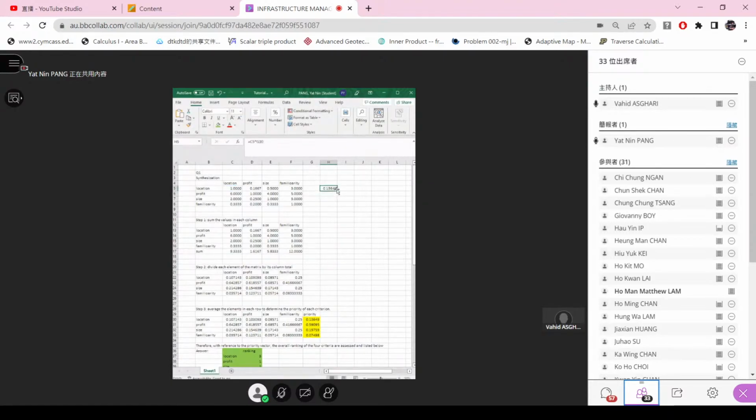Wait. Put a dollar sign before G. Yes. Now extend it. Now drag it down, and drag the whole column to the right.